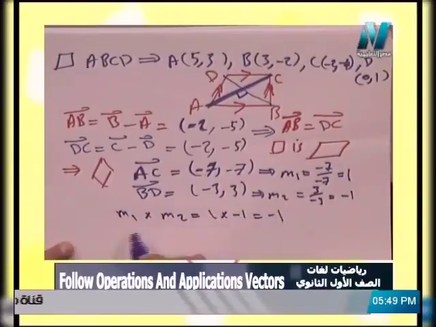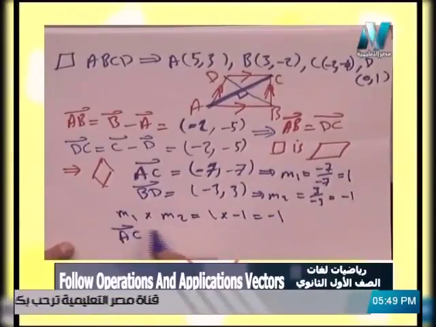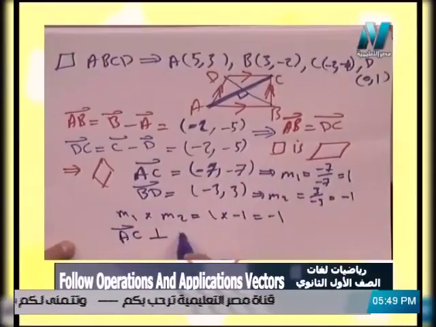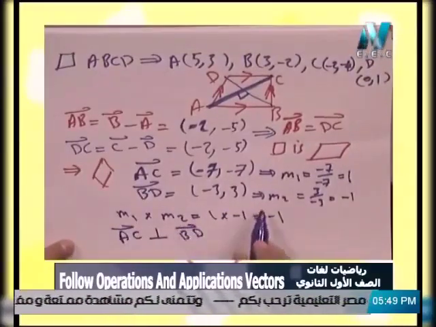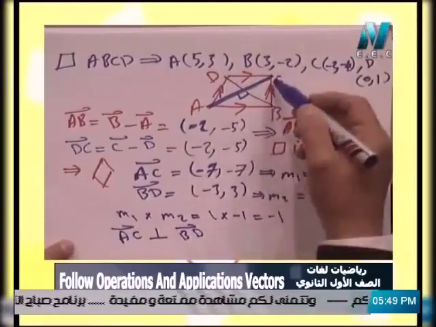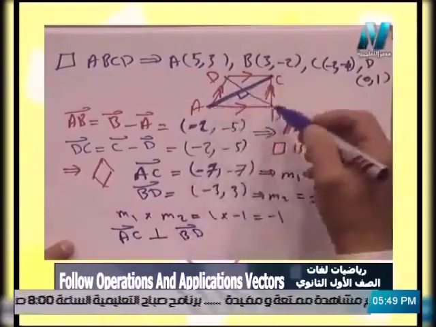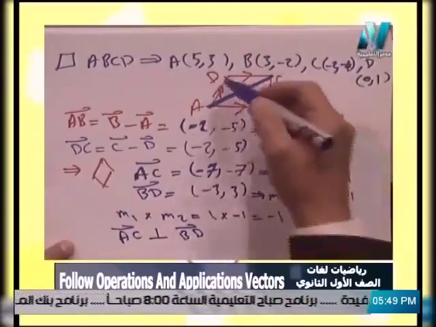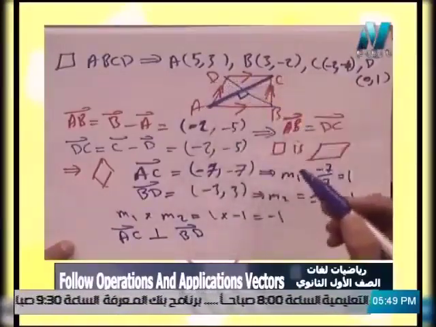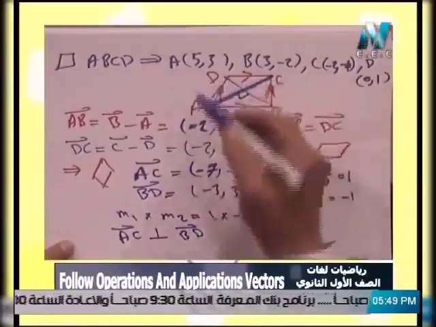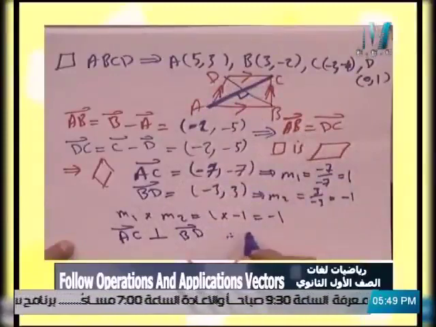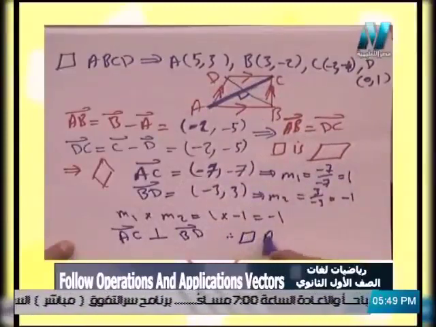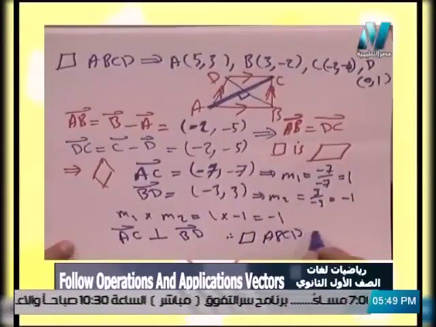So easily we can deduce that the vector AC is perpendicular to the vector BD in the parallelogram ABCD. So the parallelogram ABCD is a rhombus.